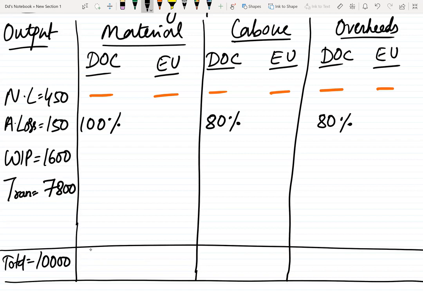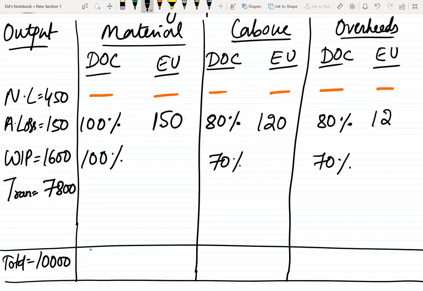Work in progress, 1600 units, is 100%, 70%, 70% as given in the question. Sorry, I need to fill the units also: this will be 150, this is 120, 120. And 1600, and this is 1120, 1120.